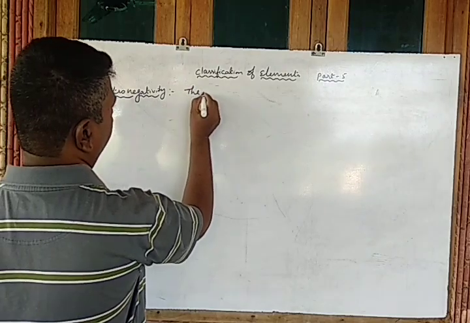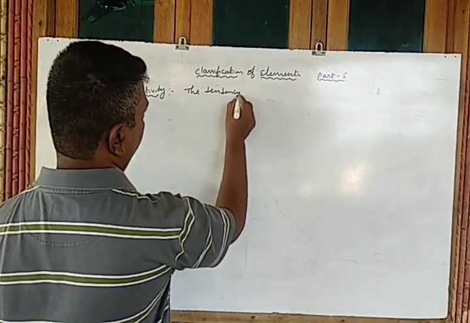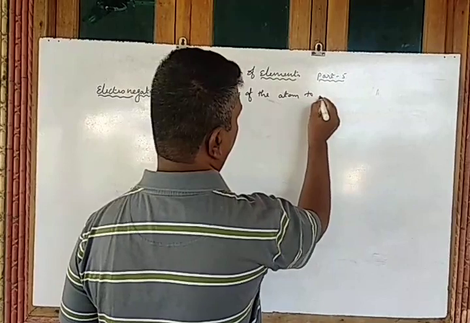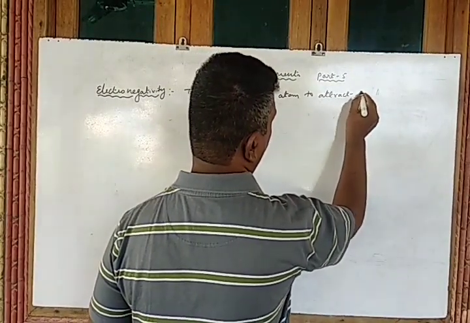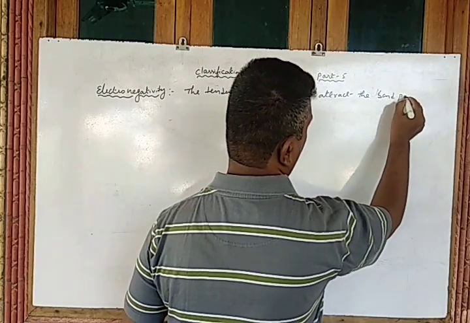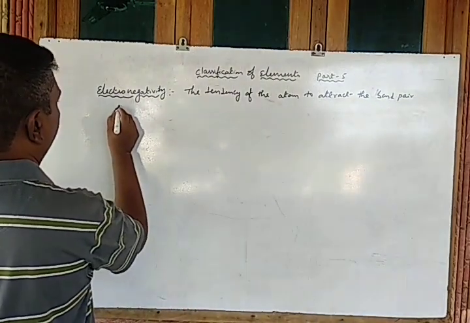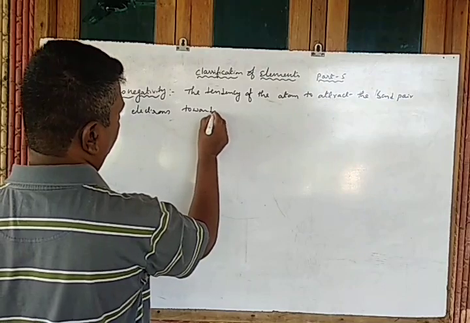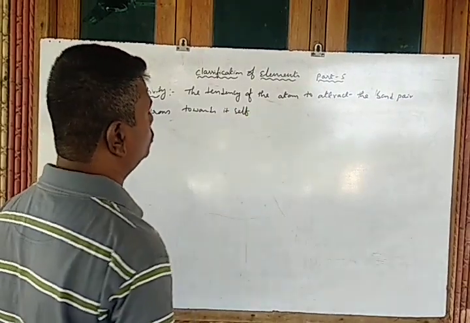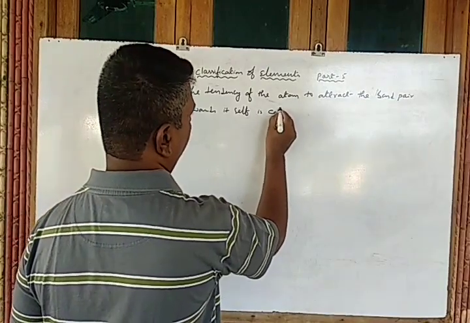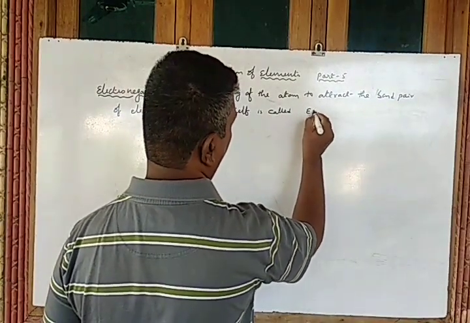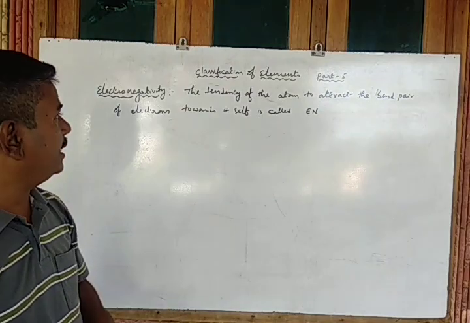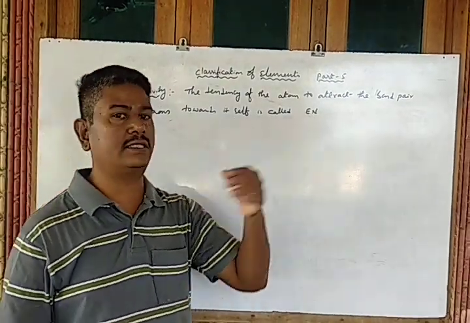The tendency of the atom to attract the bond pair of electrons towards itself is called electronegativity.